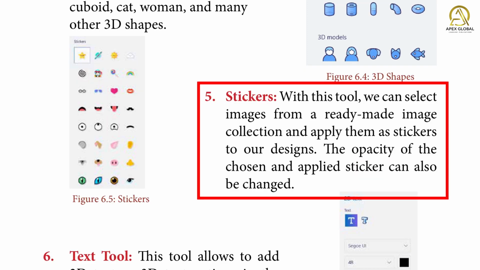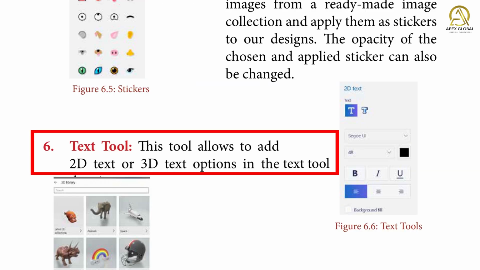5. Stickers. With this tool, we can select images from a ready-made images collection and apply them as stickers to our designs. The opacity of the chosen and applied sticker can also be changed. 6. Text tool.